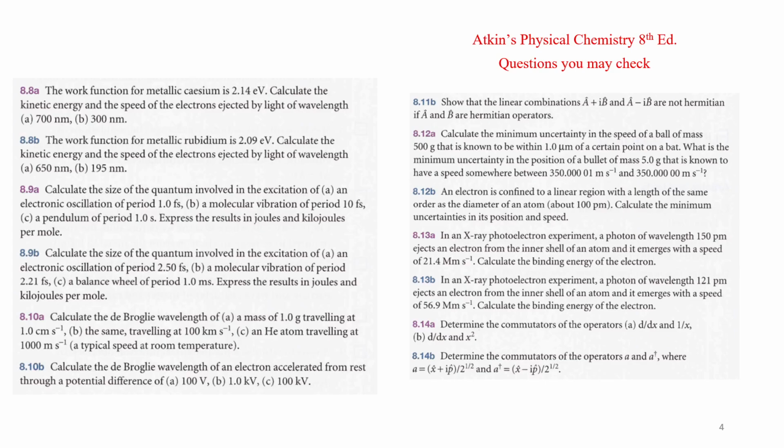The purpose of these questions is not just to calculate, but also to think about what we can learn: what will happen to the de Broglie wavelength when the mass is the same but the velocity is increasing, and when the mass is also increasing and the velocity is also increasing. That is the purpose of this question, not just to calculate the thing.